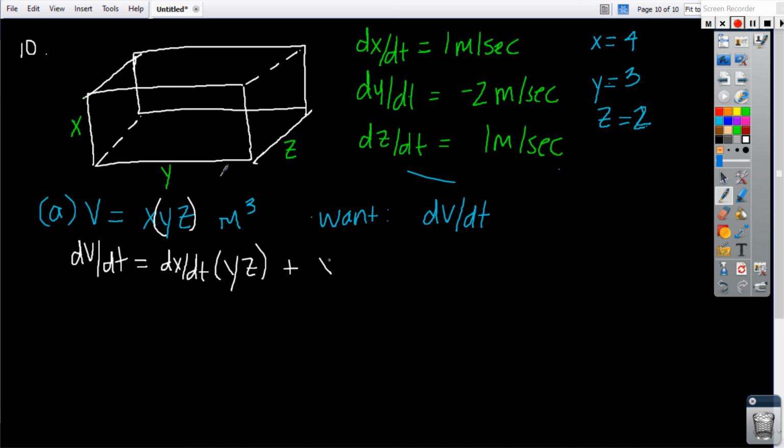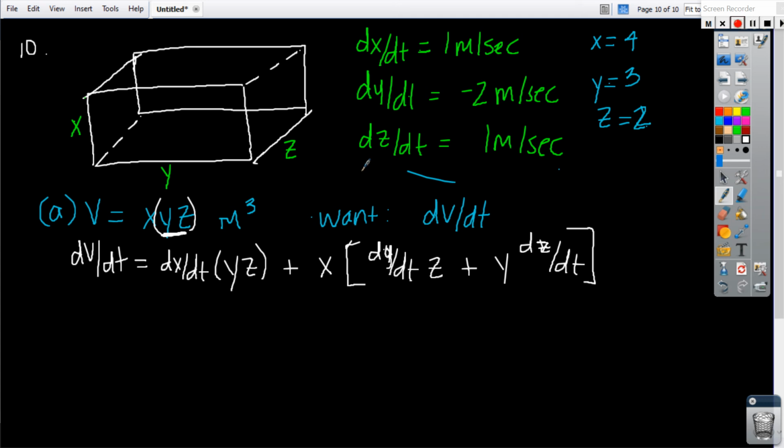Plus the first times the derivative of the second, which I let be yz. So here's another product rule. Derivative of the first, dy/dt, it's a y by the way, times the second, plus the first times the derivative of the second.